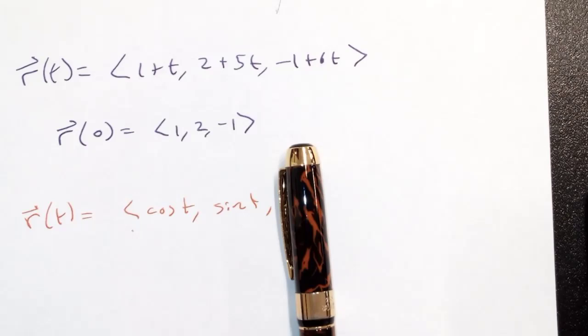What do you get? Not just any circle. I get the unit circle, right? Cosine and sine. This is where they come from in the unit circle. So I get this picture.